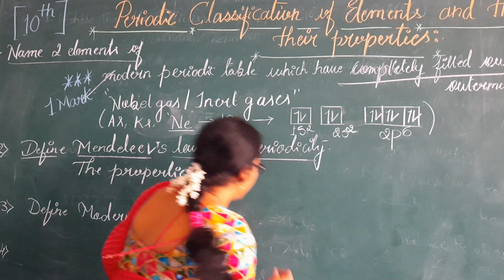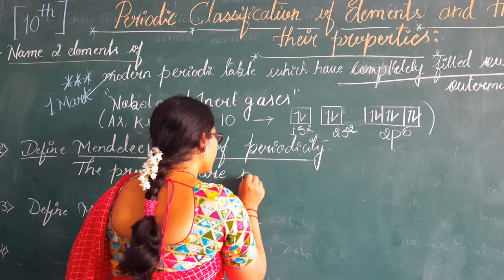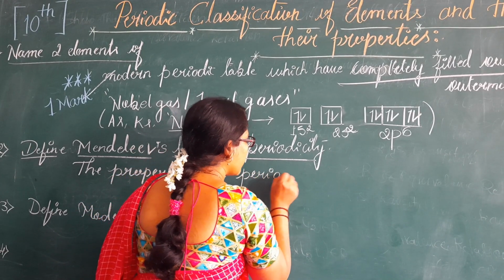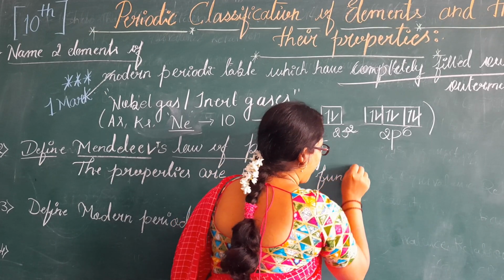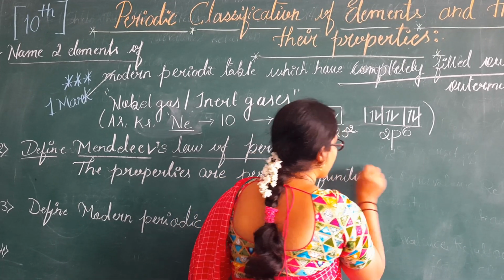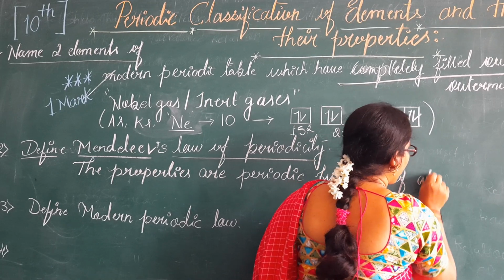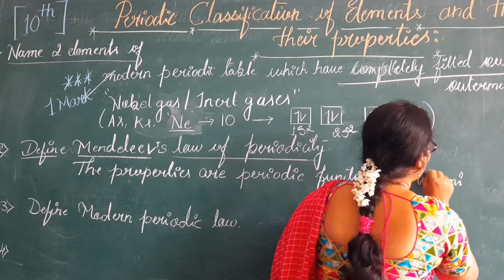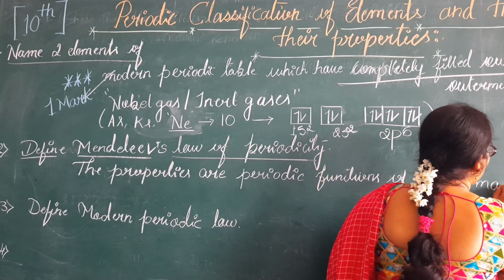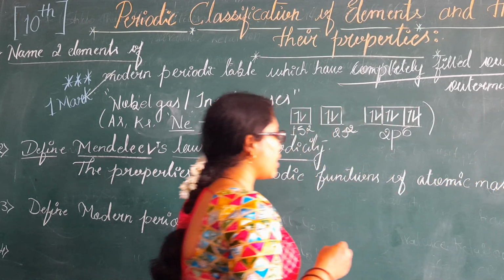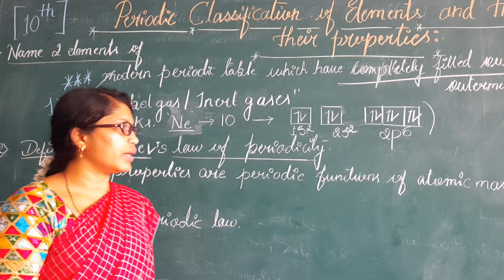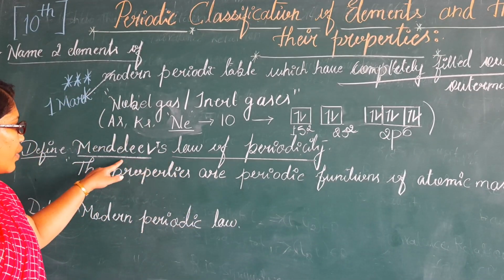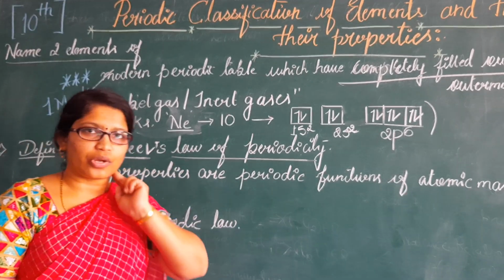This definition can be asked for 1 to 2 marks, and you have to write it like this. So this is all about what we have discussed with Mendeleev's periodic table.